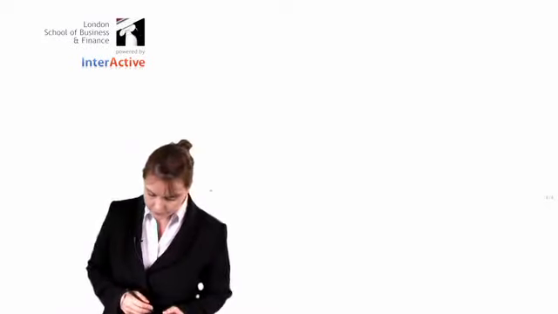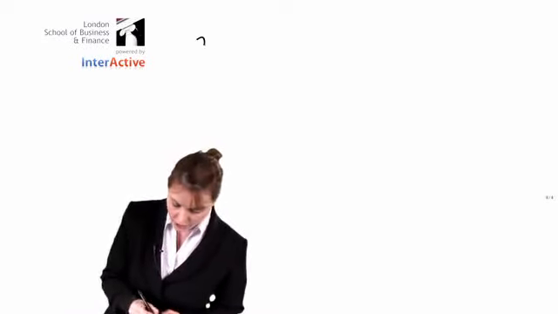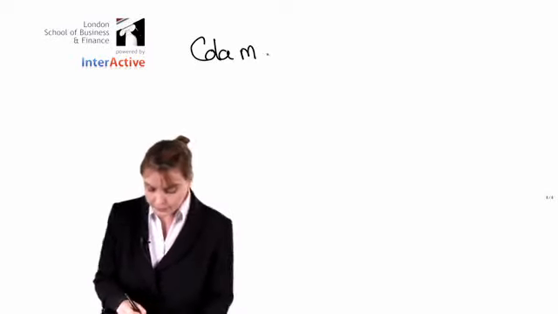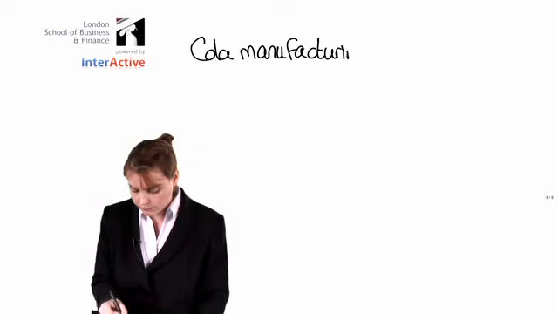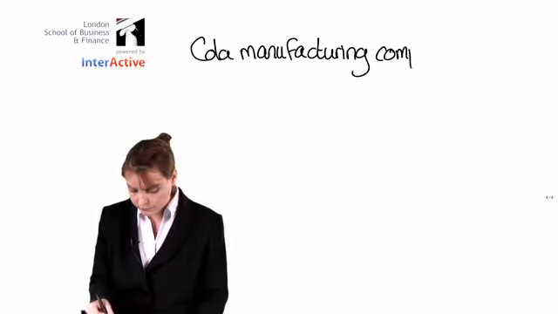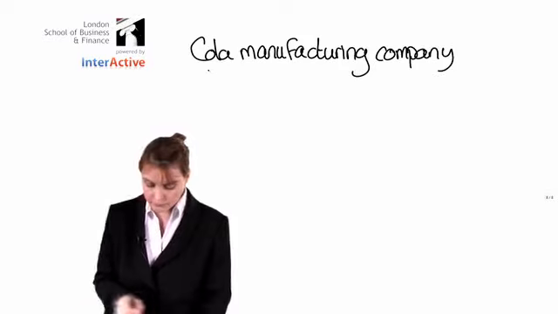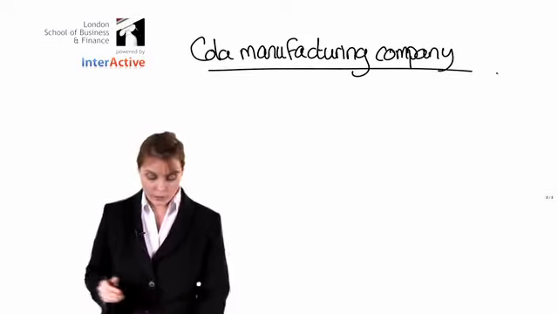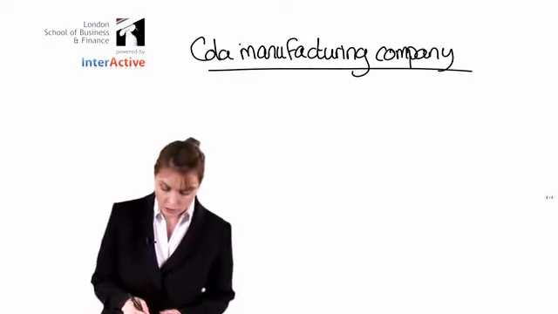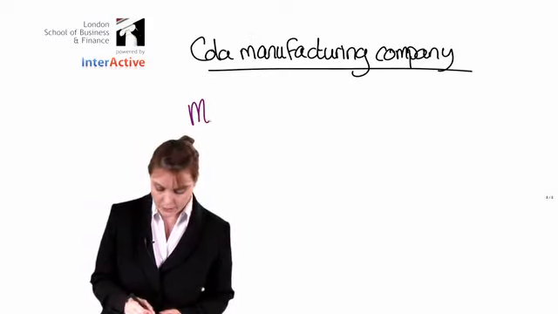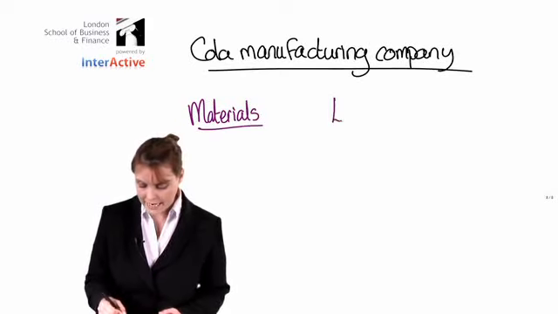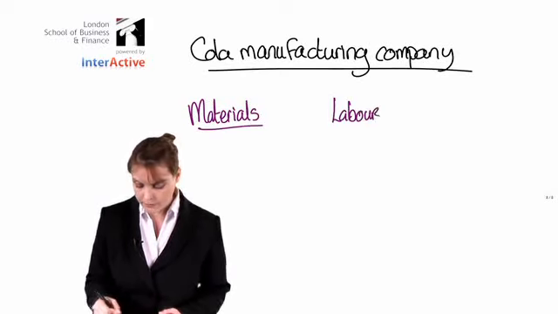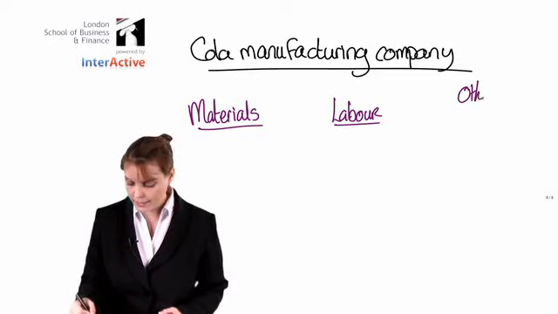We're going to just consider an example now. If we have a cola manufacturing company, we want to think about what costs might be incurred by the company in terms of materials, labour, and other expenses.